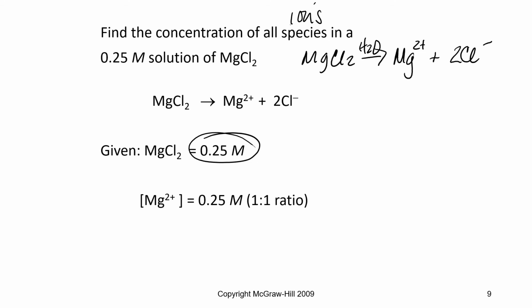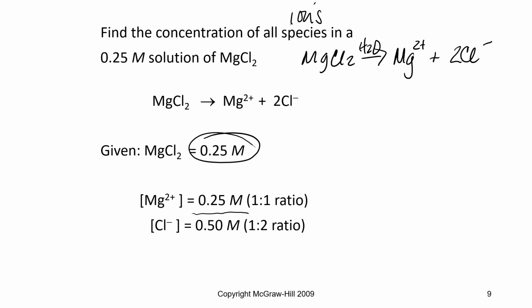So to determine the concentration of the ions in the solution, we need to use that molarity and the number of ion units. Well, we only have one magnesium ion per formula unit, so the concentration of magnesium is 0.25 molar.